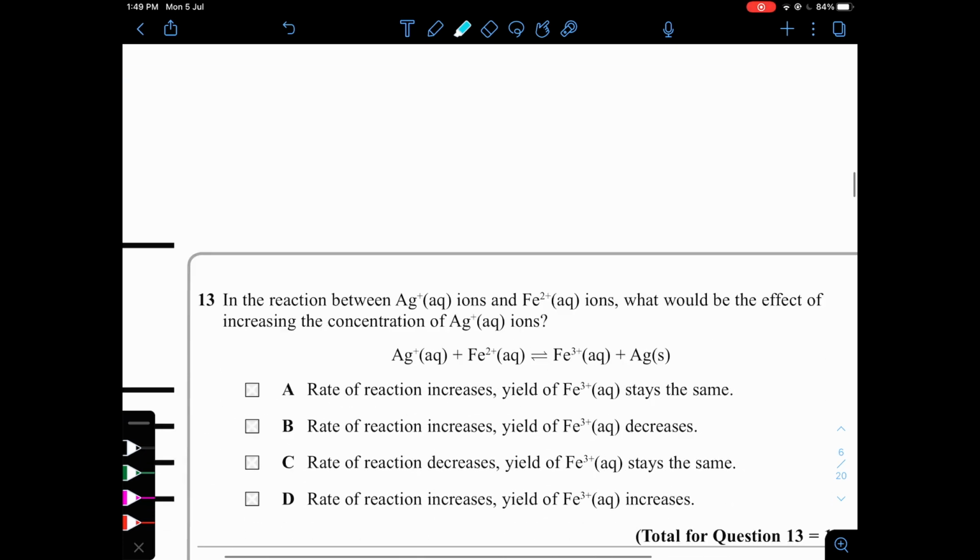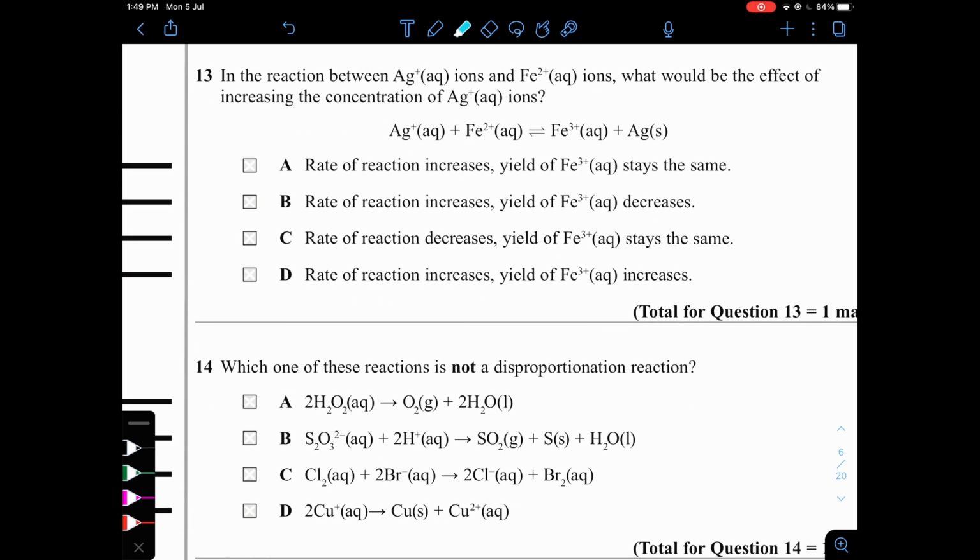Okay, question number 13. In the reaction between Ag+ ions and Fe2+ ions, what would be the effect of increasing the concentration of Ag+, silver ions? Because we're increasing the concentration, more of the unreacted Fe2+ is reacting with Ag+.